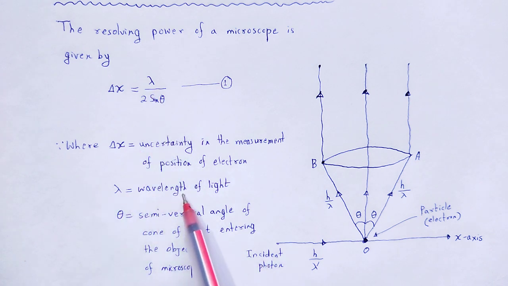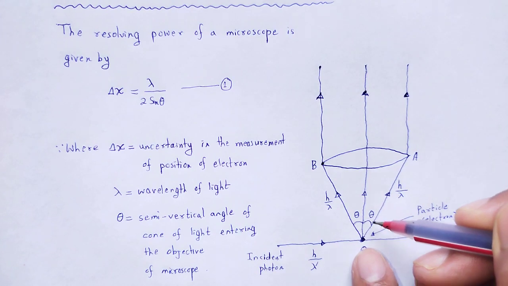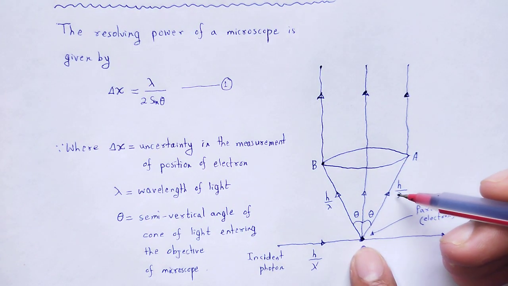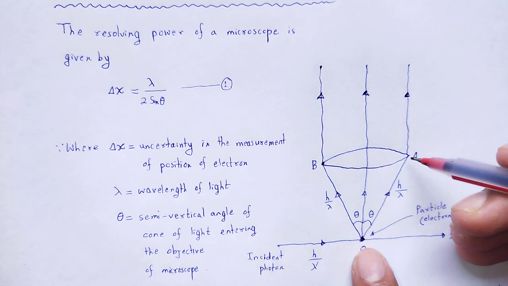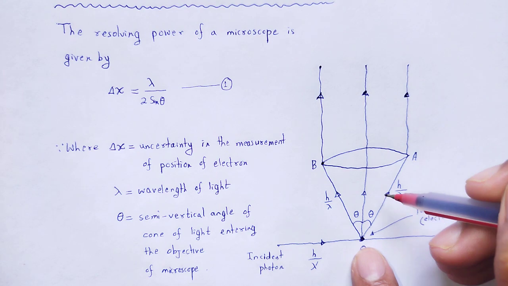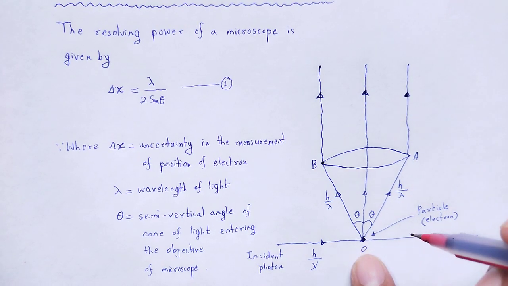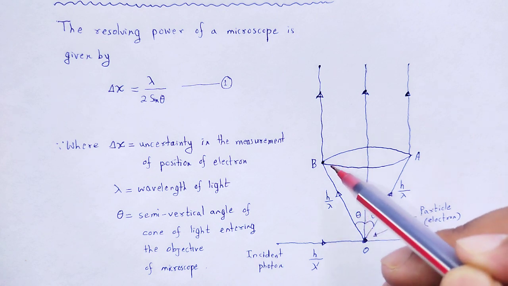Next, lambda, that is the wavelength of light. Here, the scattered wavelength lambda is that of the scattered photon with the momentum h by lambda according to the de Broglie hypothesis. And theta is the semi vertical angle of the cone of light entering the objective of the microscope.